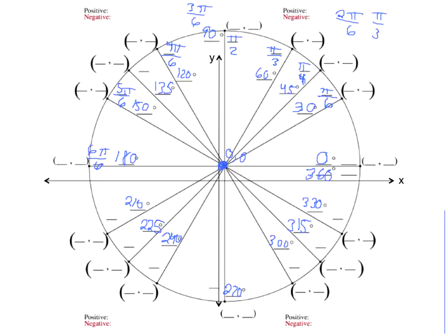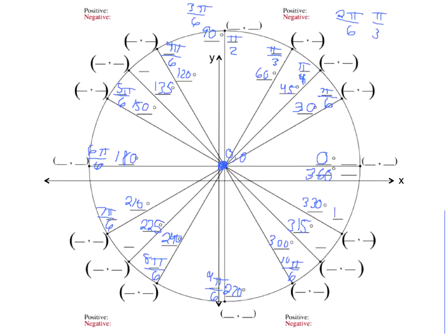We'll come back and fix some of these in a minute. My next would be 7 pi over 6, then 8 pi over 6, 9 pi over 6, 10 pi over 6, 11 pi over 6. It's a pretty cool pattern. It just goes all the way around your circle.